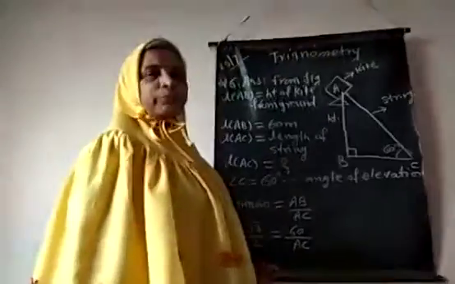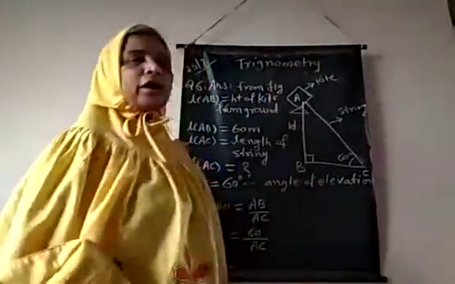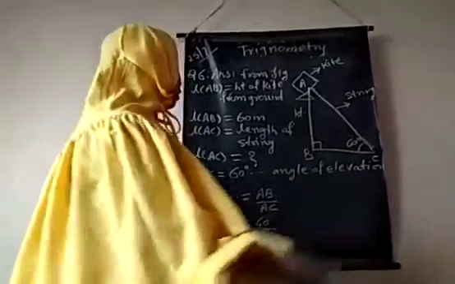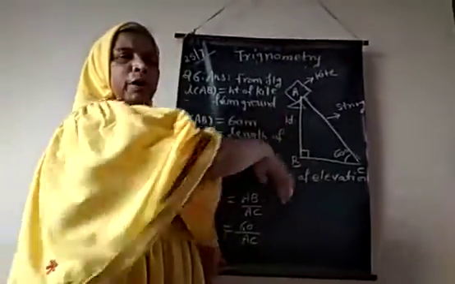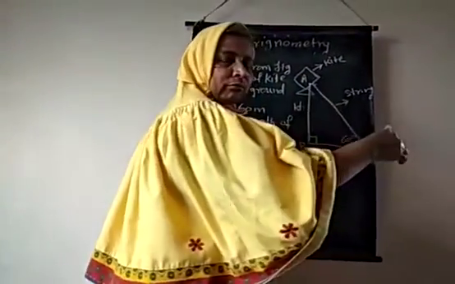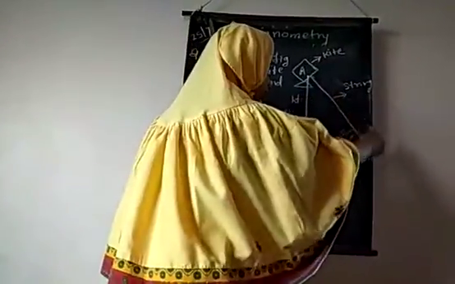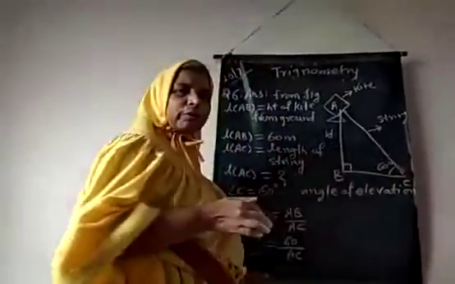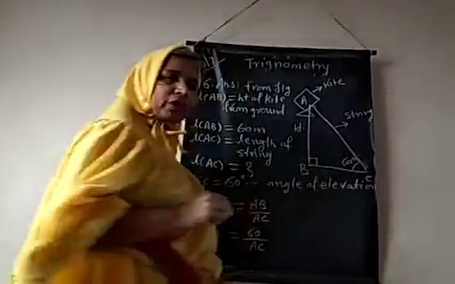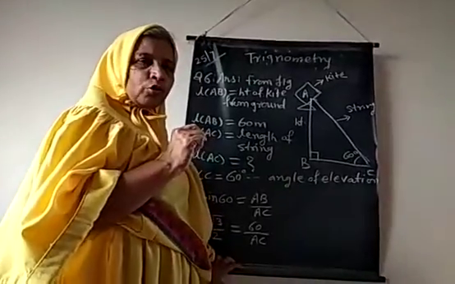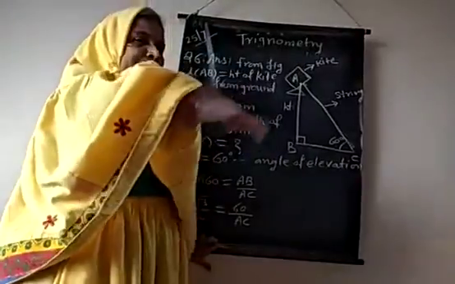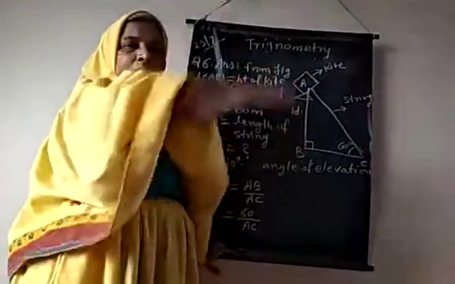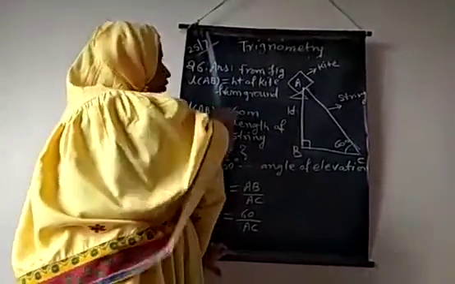Question number 6. In this question, a kite is flying at a height of 60 meter above the ground, which is tied with a string. The string is making a 60 degree angle to the horizontal, that is, from the ground. A person is standing at position 6 and flying the kite. So when the kite is flying in the sky, the height from the ground to the kite is given in the question as 60 meter.